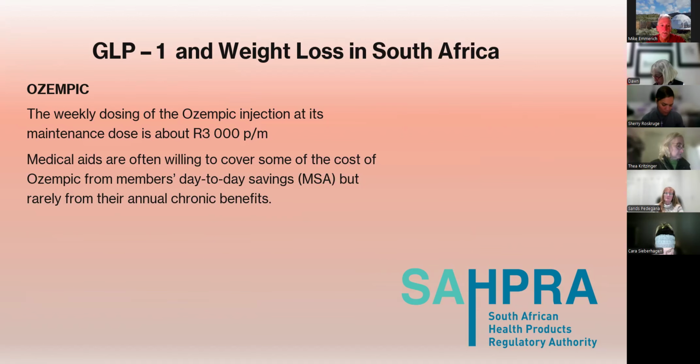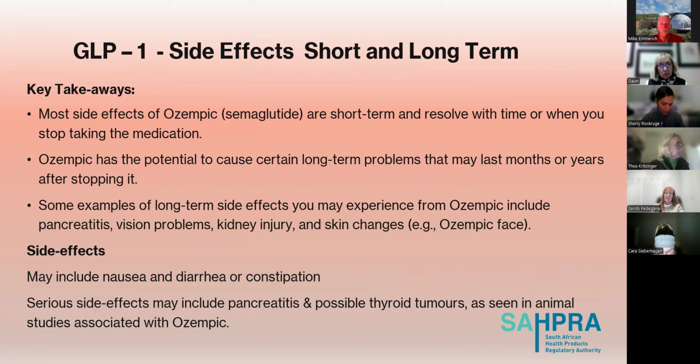So if we look at the side effects, they are quite huge. They are both short-term and long-term side effects. Short-term side effects are not that significant, but the long-term side effects are deadly. So nausea, diarrhea, constipation, and that's really because the body is clogging up and not pushing stuff through.